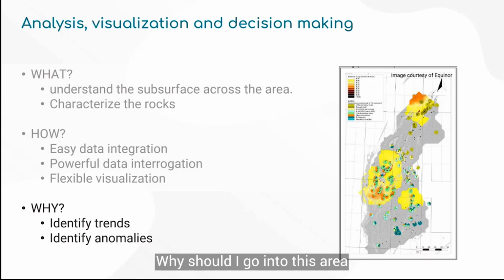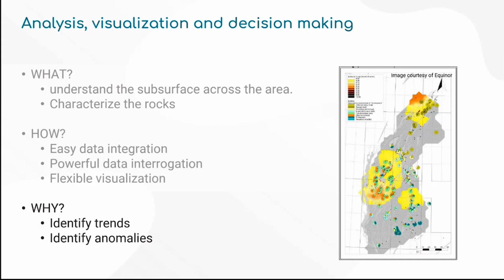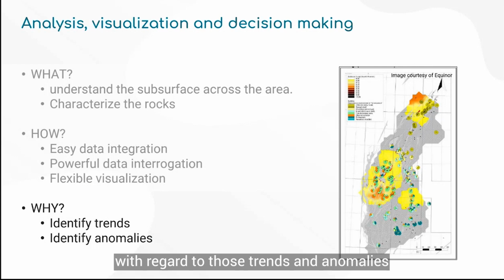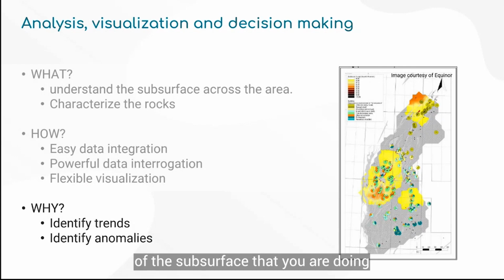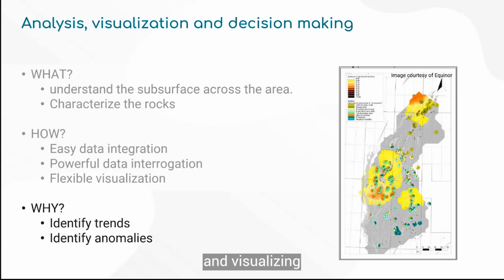Why should I go into this area? Why should I submit a license round application? All of those kind of questions are answered, or at least gotten closer to a decision on, with regard to those trends and anomalies and the characterization of the subsurface that you are doing and visualizing really quite powerfully in these maps.